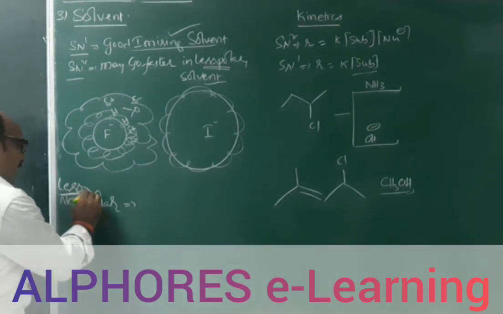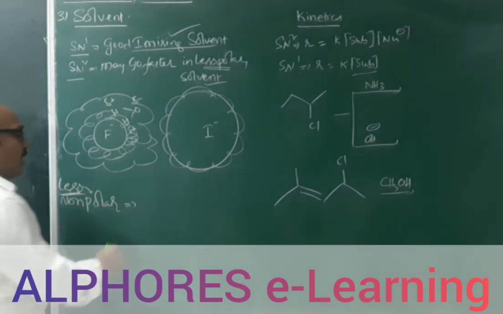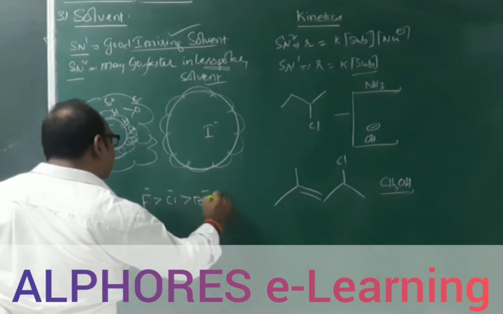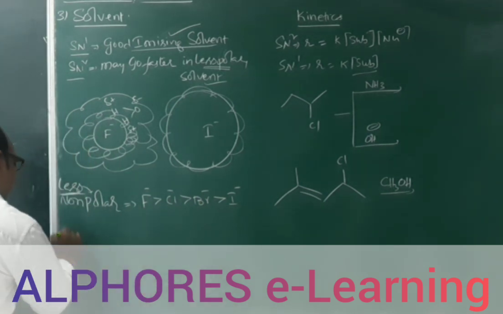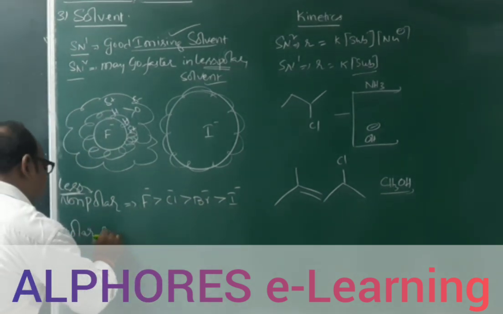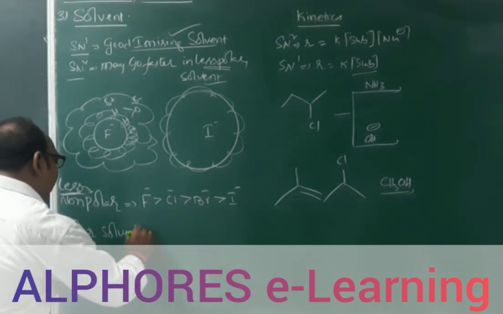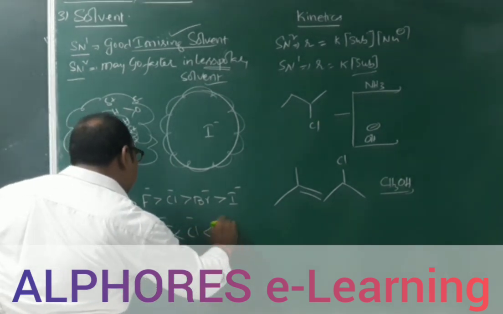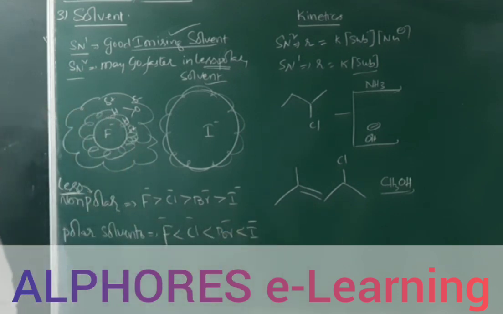So in less polar or non-polar solvents, the nucleophilicity of F minus is greater than Cl minus, greater than Br minus, greater than I minus. Whereas in polar solvents, the nucleophilicity is reversed: F minus is less than Cl minus, less than Br minus, less than I minus.